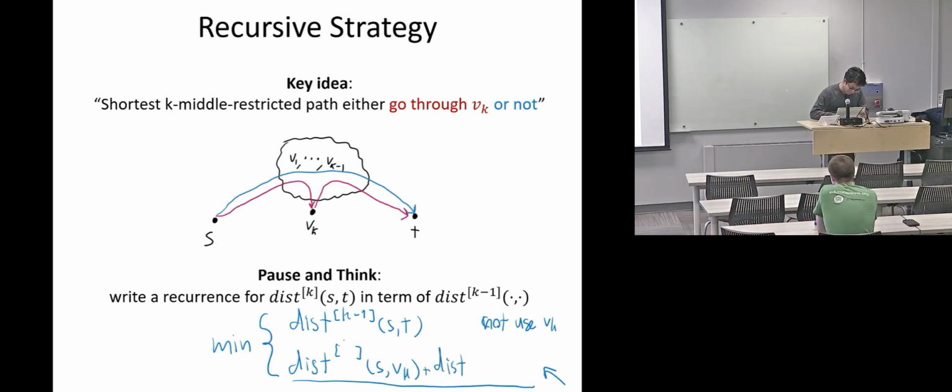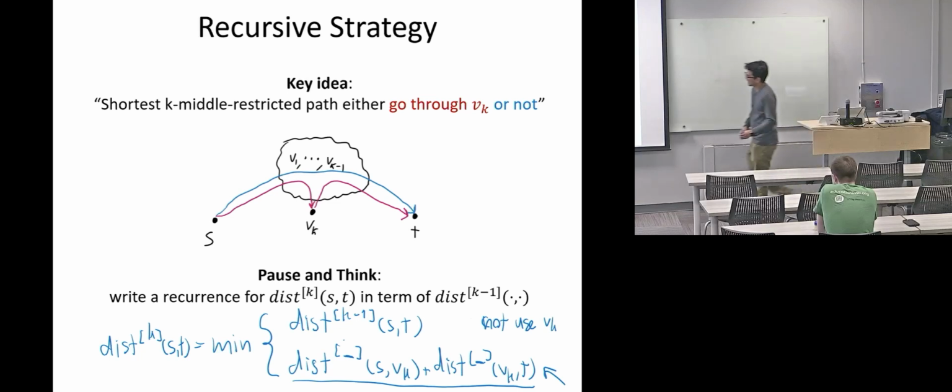But you said Vk to T. So what should be in here? Are we going to try everything that sums to K or not?